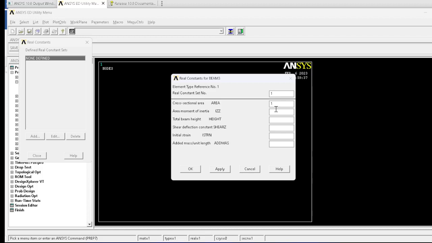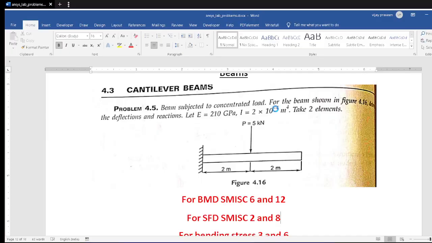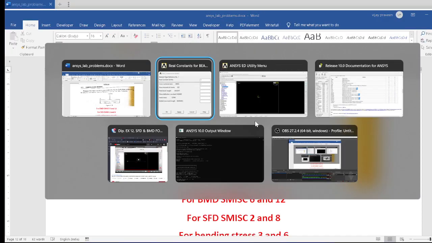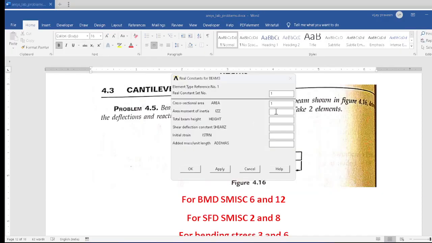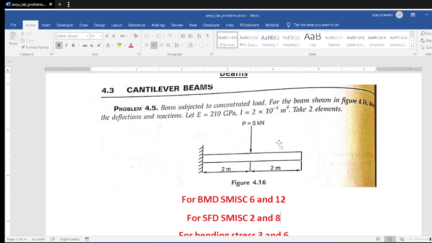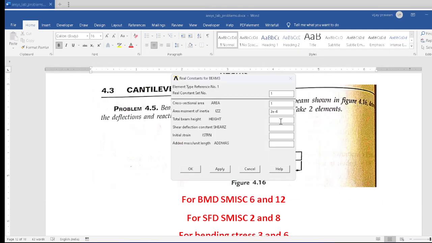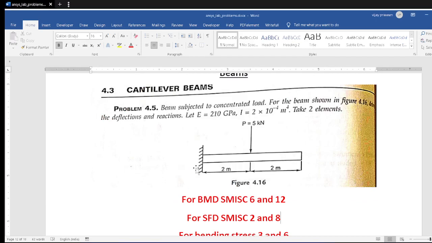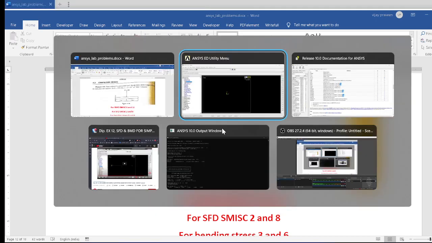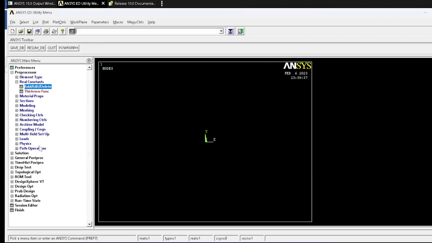IZZ is nothing but the moment of inertia, that is 2 into 10 raised to minus 4, that is 2e power minus 4. And what is the height of the beam? That is also not given. If they give the cross section, they will mention it. If not given, assume unit height, that is 1 meter. So the real constant part is over.